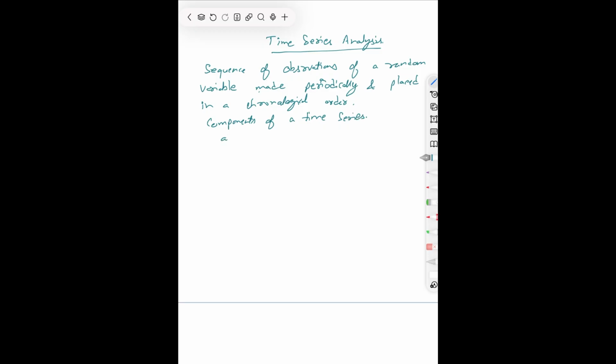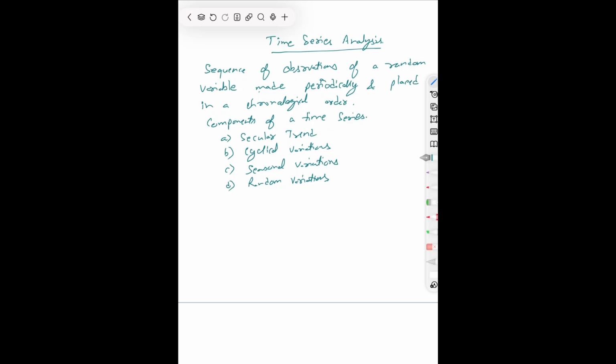These include number 1, secular trend, cyclical variation, seasonal variations, and random variations. The secular trend is a general trend.